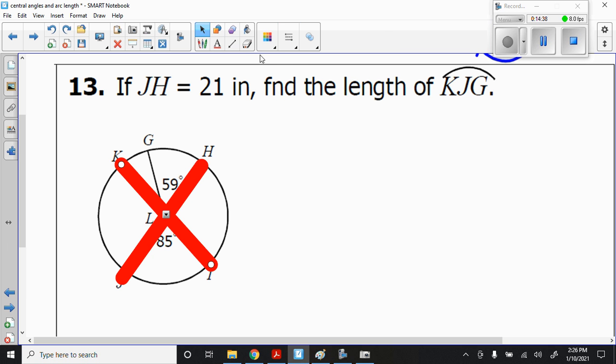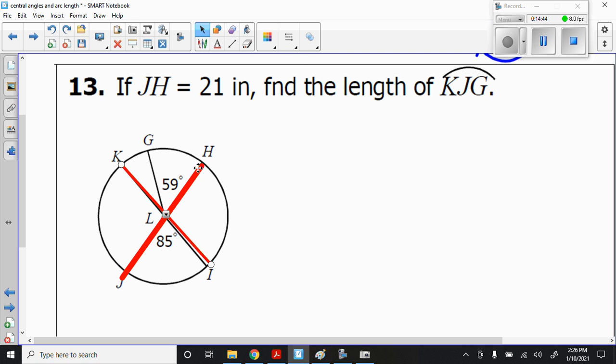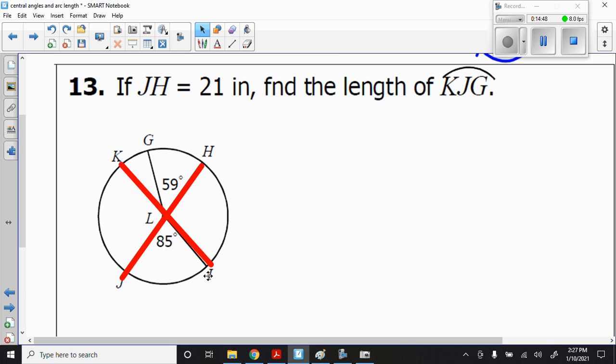And that's kind of hard to work with, so let's make those a little smaller. All right, so those two lines are straight lines that intersect, and their vertical angles are 85. So I actually am starting there, and I can actually find my answer.